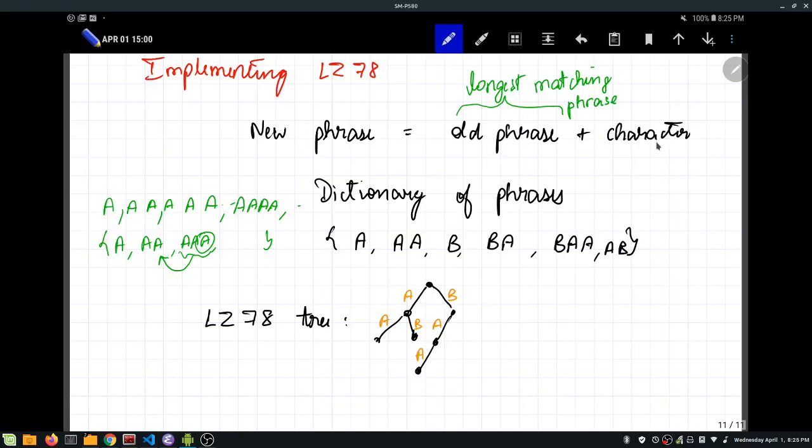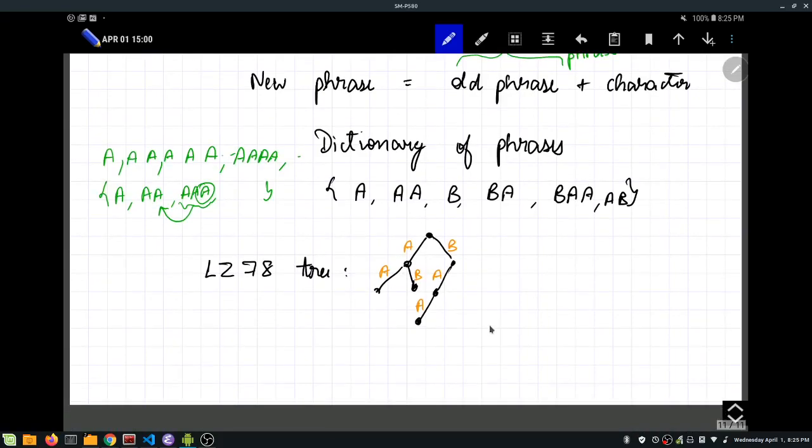And a very nice data structure to represent this dictionary of phrases is simply a tree. So suppose that we have this dictionary given over here. Suppose the dictionary is A, AA, B, BA, BAA, AB, which could perhaps correspond to the string A, AA, B, BA, BA, AB.